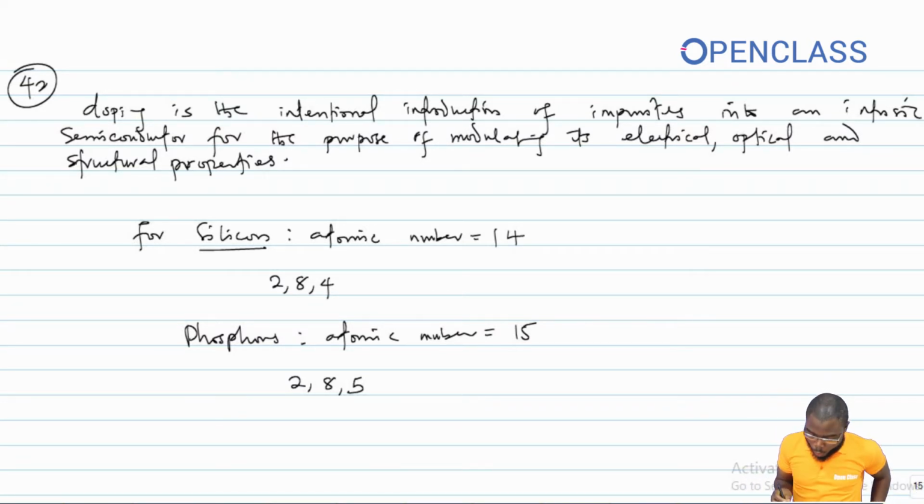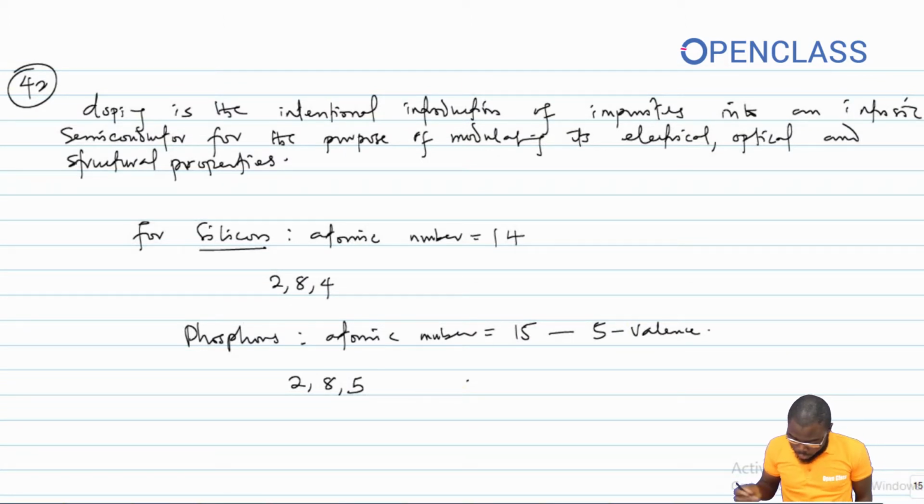So this happens when silicon is doped with phosphorus, which has a valency of 5.